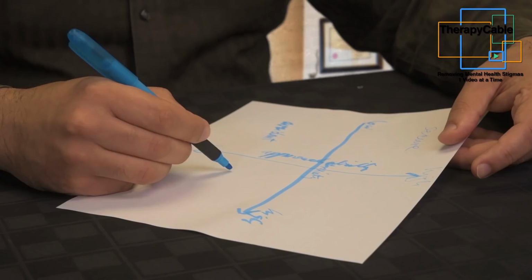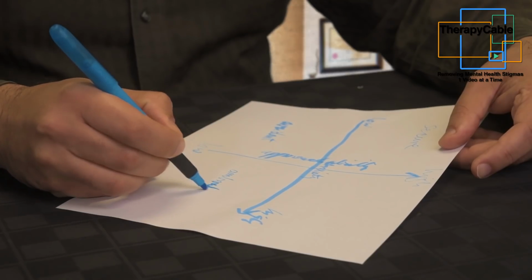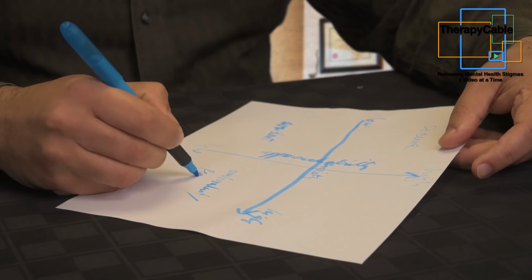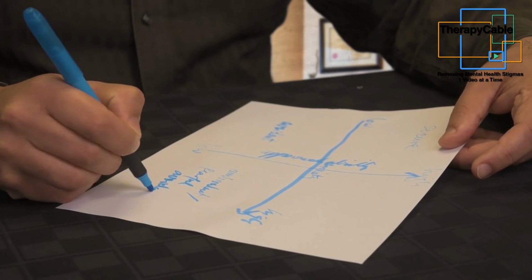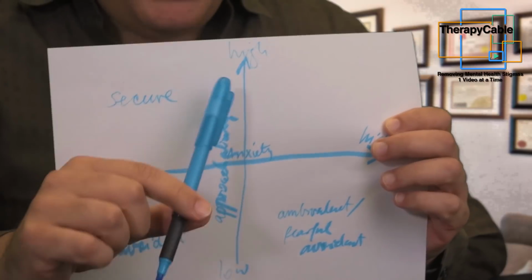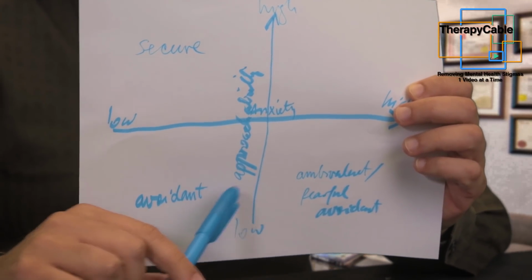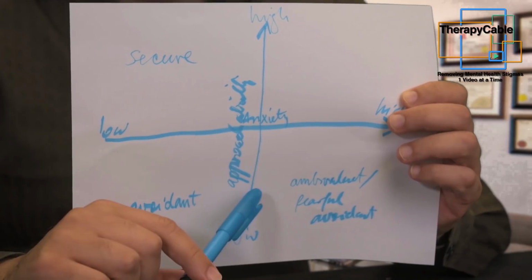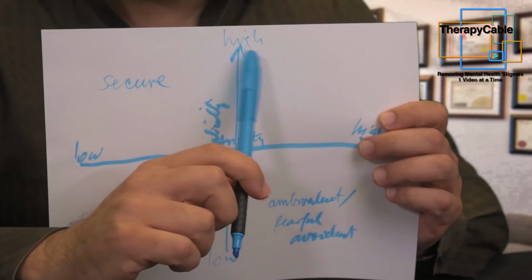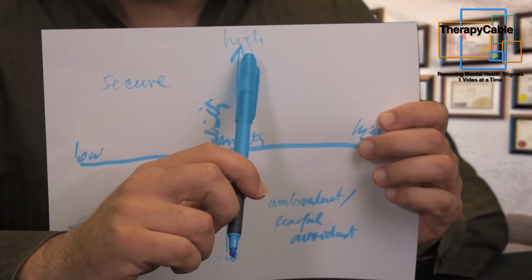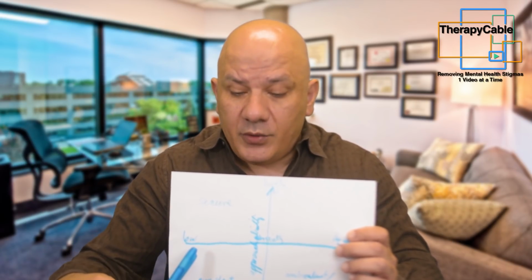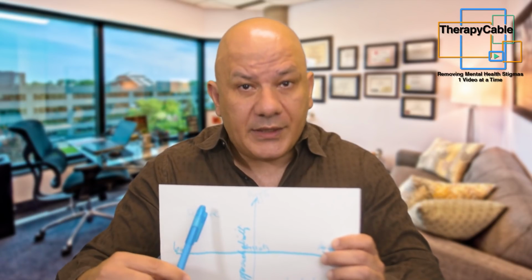So here I'm going to just write down the ambivalent/fearful avoidant. And for simplicity purposes, both of these are avoidant. Why? Because of that really low intensity of that dimension of approachability. Now here we have a high intensity on the dimension of approachability. So if within that high level of approachability a person has low anxiety, they have a secure attachment.